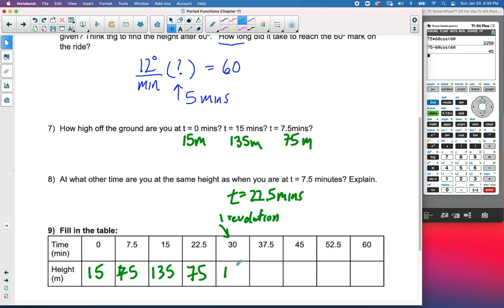We're back down to 15. And now we're going to repeat, right? At 37.5, I'm going to go back up to 75. At 45, I'm now at the top, so that's going to be 135. Then I'm back down to 75. 60 is 2 revolutions, or 2 cycles, so I'm back down to 15. And so we have this pattern here.